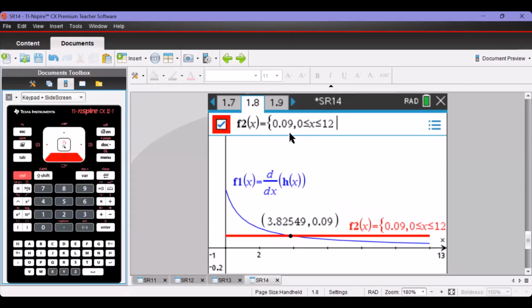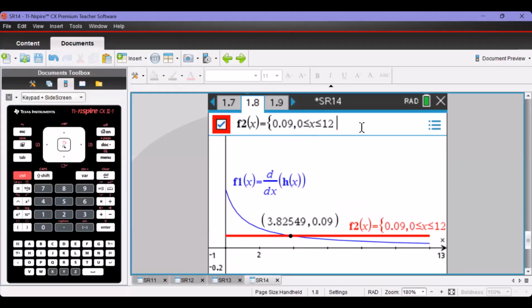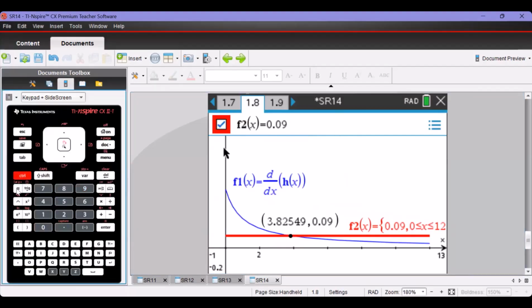Now, to enter that in, if I press backspace there, I can type in 0.09, and then it's control equals, navigation pad to the left, press enter, and then we want to graph that between 0 and 12. You can see there you've got endpoints.